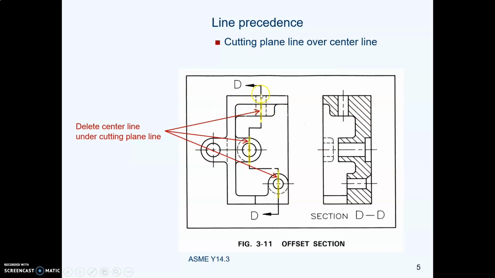If you have a part with center lines in the part, and you put a cutting plane line over the top of those center lines, what you need to do is go in and delete those center lines. If you don't, you'll have thin stretches of center line showing through the gaps of the cutting plane line, and it will just be incomprehensible. We want only one line here, and if you're using a cutting plane line, that one line is a cutting plane line. So delete the center line.